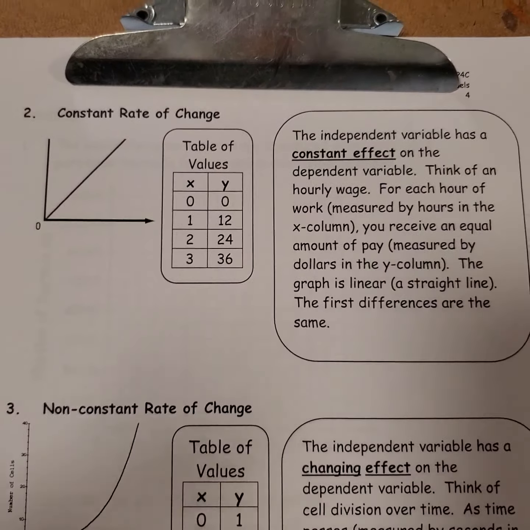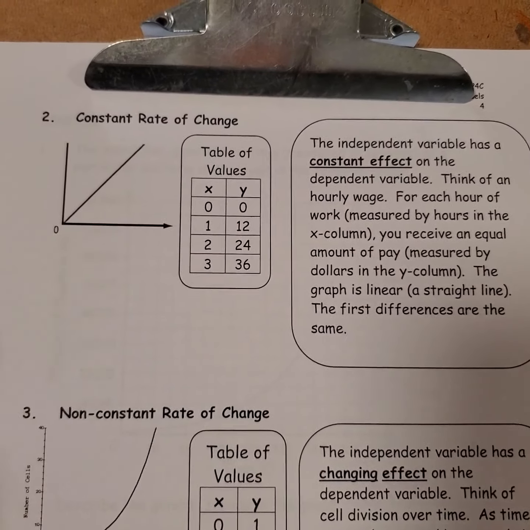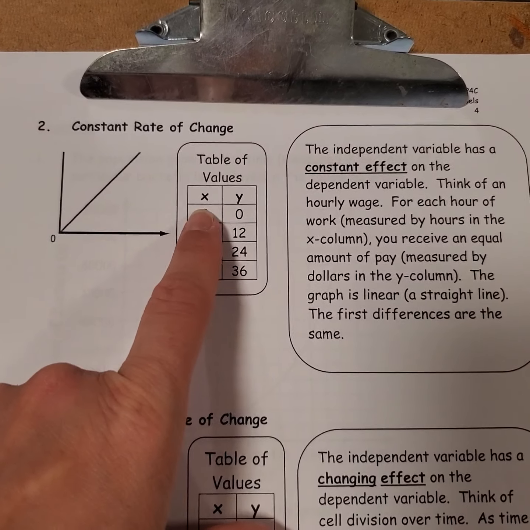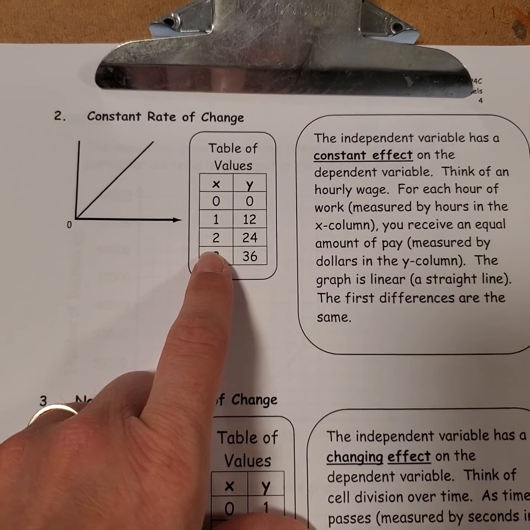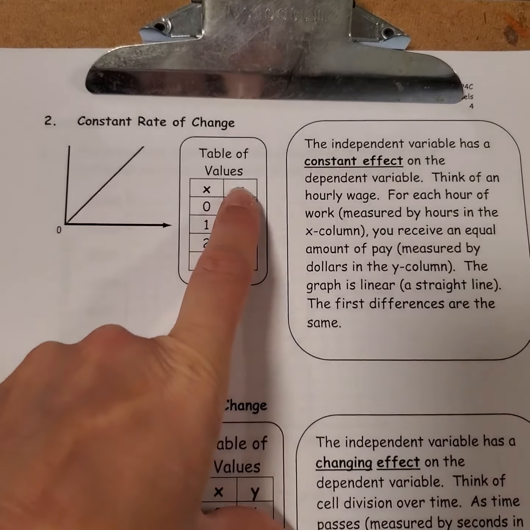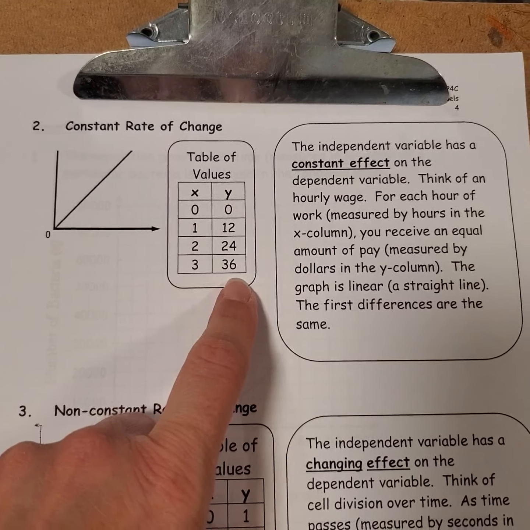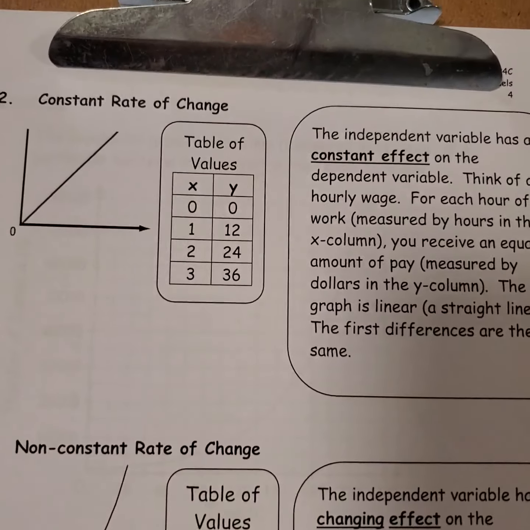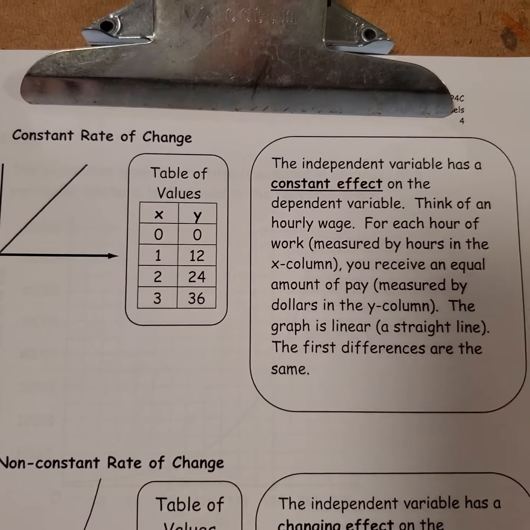We could have a constant rate of change in which, okay, we have a graph represented by a straight line, and every change in the independent variable produces an equal change in the dependent variable. So this column is increasing by 12 every single time, okay? It's a constant rate of change.